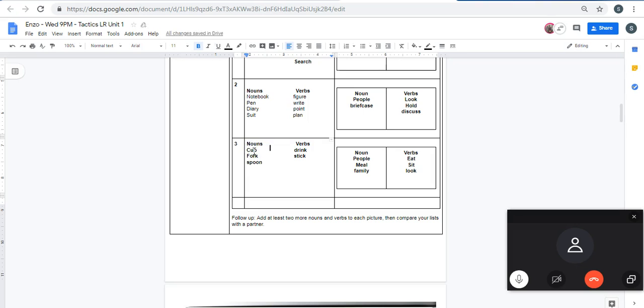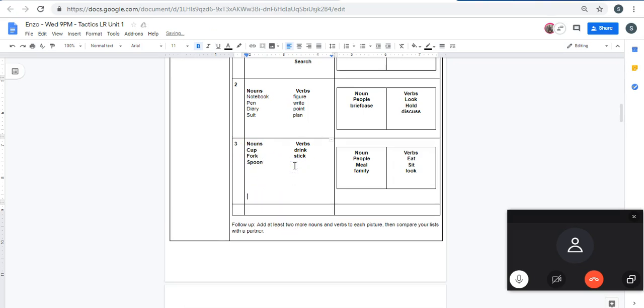The old woman is drinking a cup of coffee. If the word is CAP, this is the one that you wear on your head. Oh, I got it. And then the CUP is the one that you use for drinking coffee, water. Okay, right, so cup is correct.